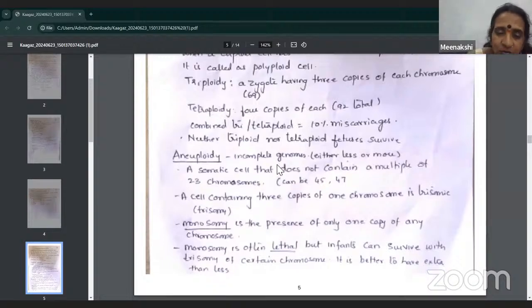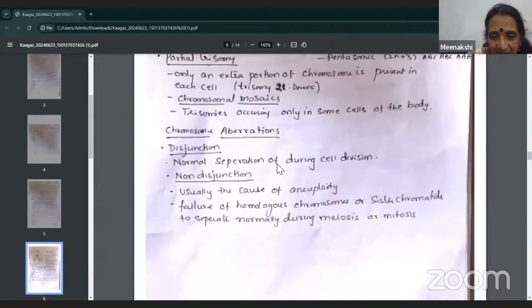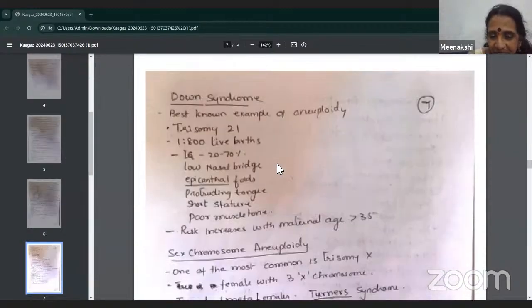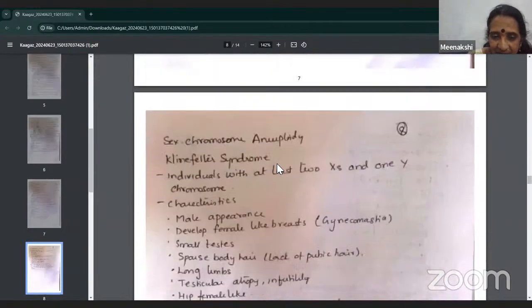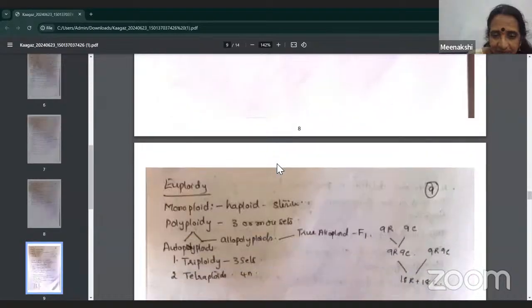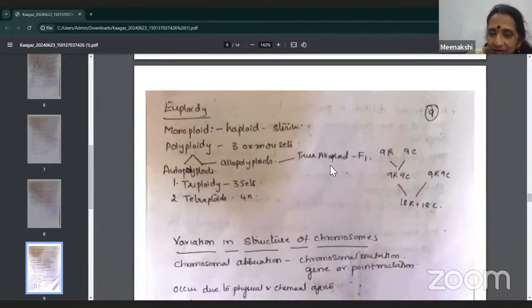Then, coming to one more part of euploidy, I will be talking about monoploid. Monoploidy, also called haploidy, is where the individuals are generally sterile. Polyploidy is where more sets are added to the normal set, that is n, 2n, 3n, 4n.